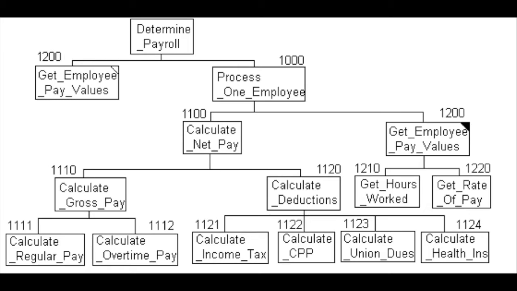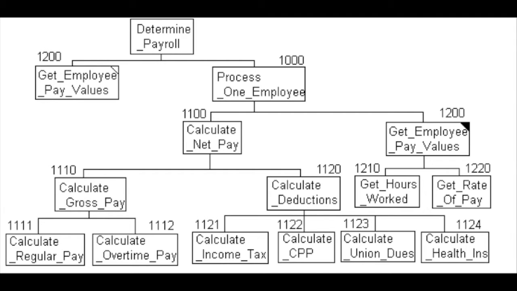So for instance, let's look at the left-hand lower side of our chart, the box labeled 1110, calculate gross pay. That's been decomposed into two subproblems, calculate regular pay and calculate overtime pay. Let's think about how we would recompose those problems into the problem of calculate gross pay.